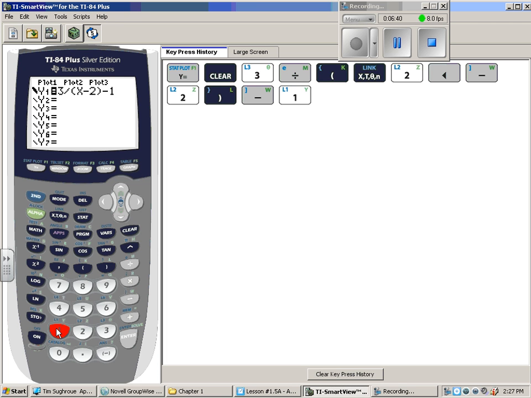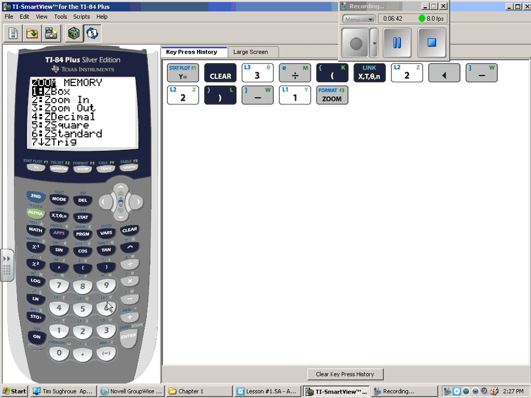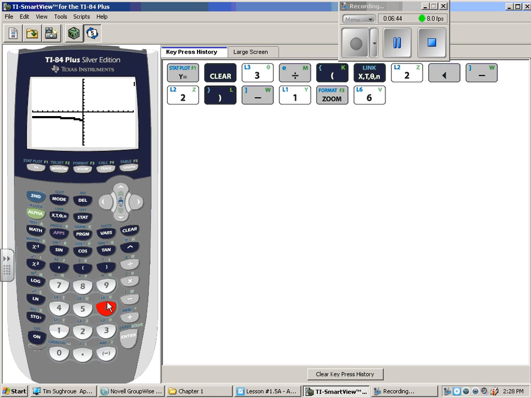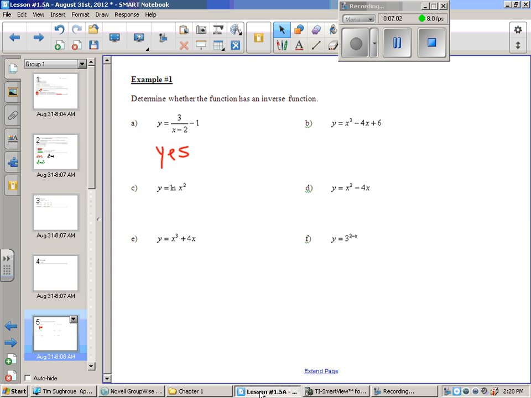And if we graph this, I'll go zoom 6 for zoom standard, we can see it passes both the horizontal and the vertical line test. It continues to get closer and closer to the horizontal asymptote, but every x value has only one corresponding y value. It is one-to-one.